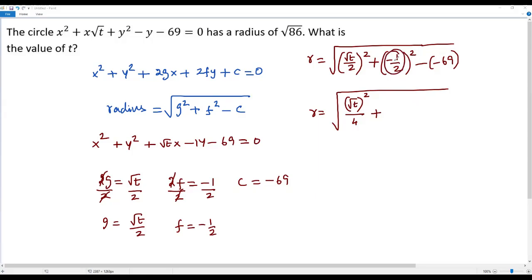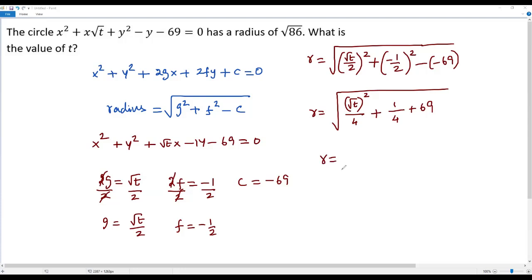Whenever I take an even exponent for a negative value, it becomes positive. For the fraction 1 over 2, the exponent 2 applies to the numerator and denominator: 1² is just 1, and 2² is 4, positive because of the even exponent. And negative times negative 69 becomes positive 69.